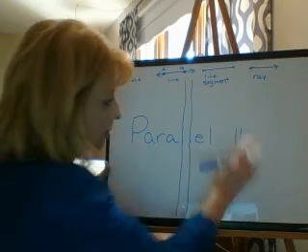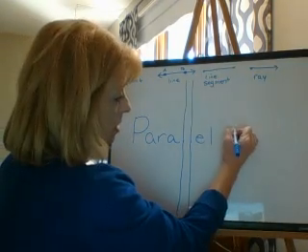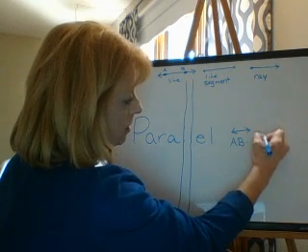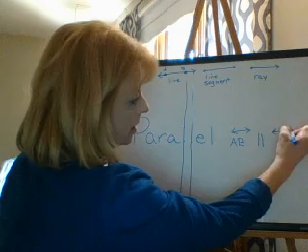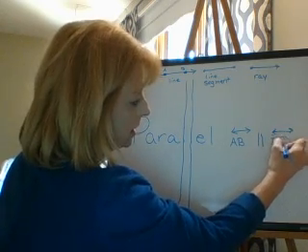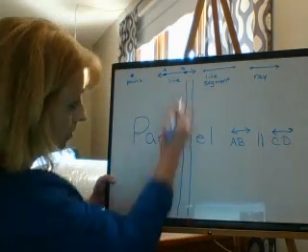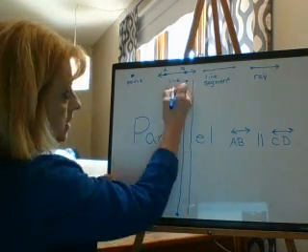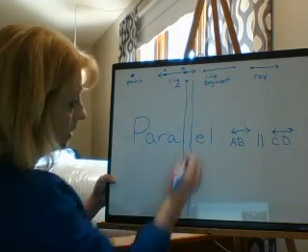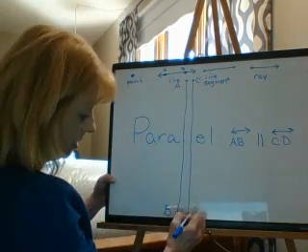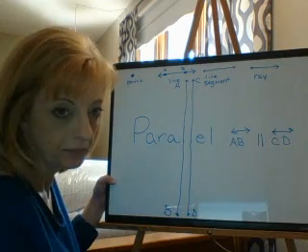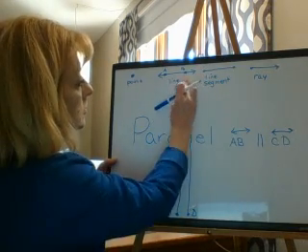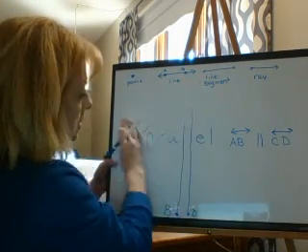So if they ask you to draw line AB parallel to line CD, they're going to want you to make 2 lines and label them, one as AB and the other one as CD. Okay? So that would be parallel lines. Let me get rid of those.